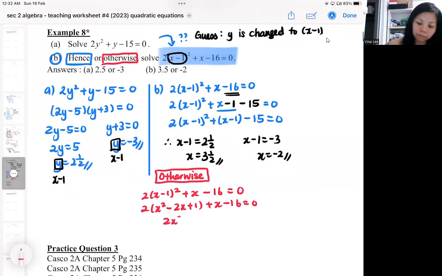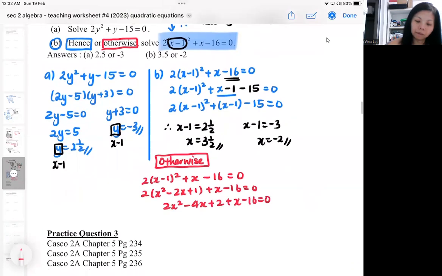It looks very troublesome, but if you are careful, it's very doable. Then you go and factorize, and you will still get the same answer.